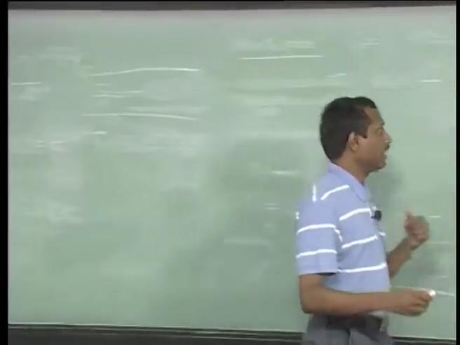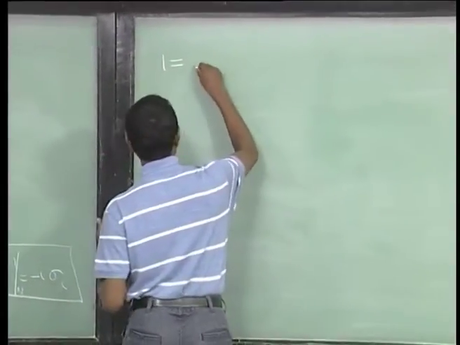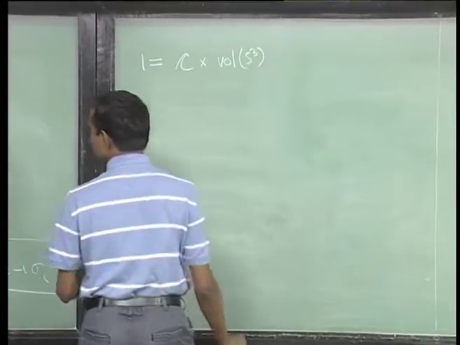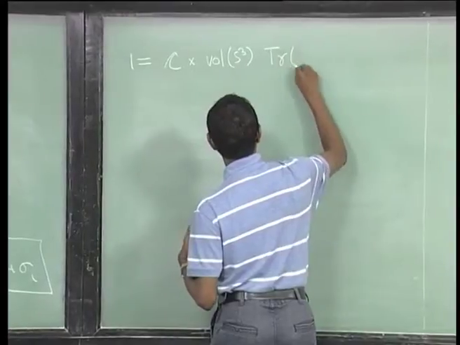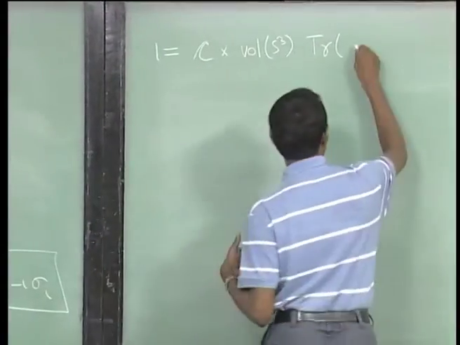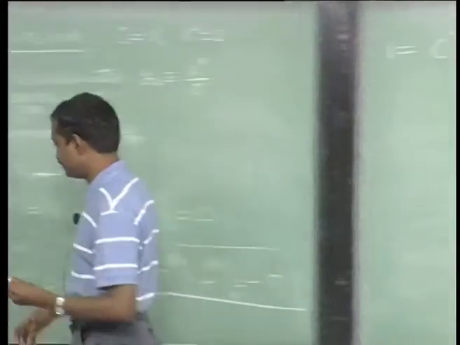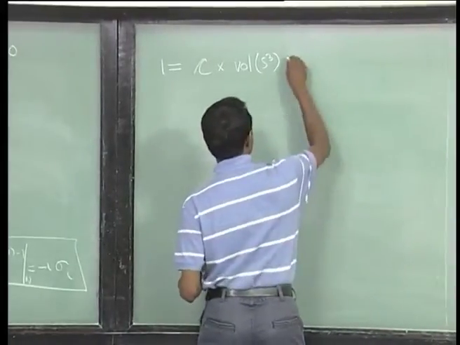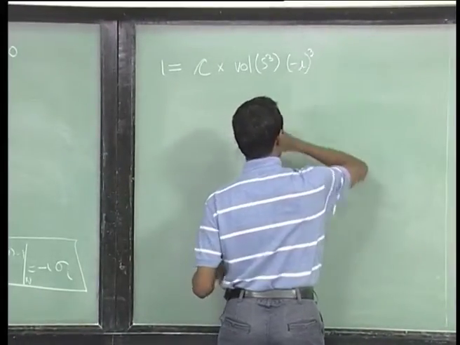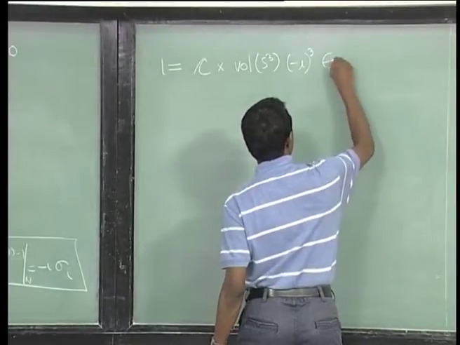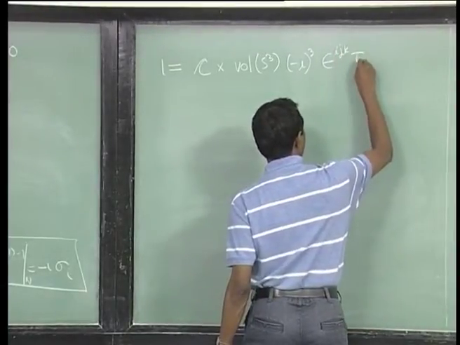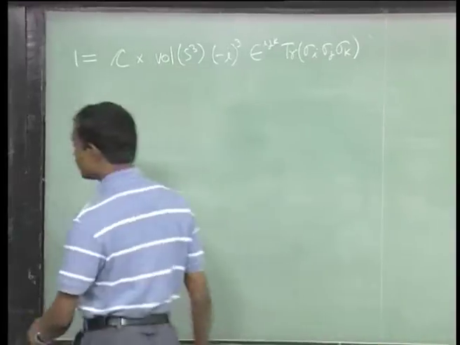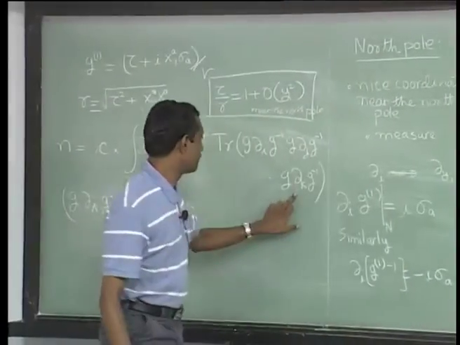So what we see is that n1 should be equal to c times the volume of S3, times this trace of, there will be a minus i, so let me pull out the i cubed, epsilon_ijk, that is all that remains.